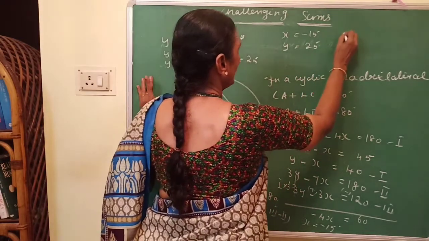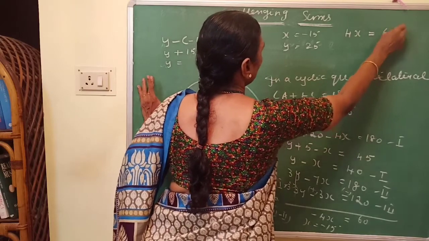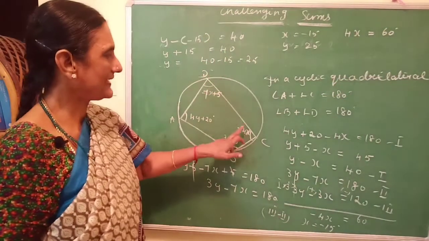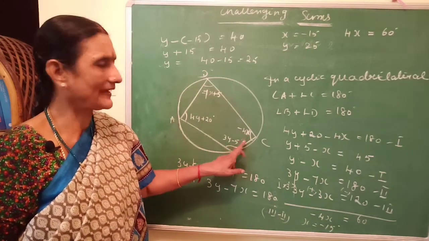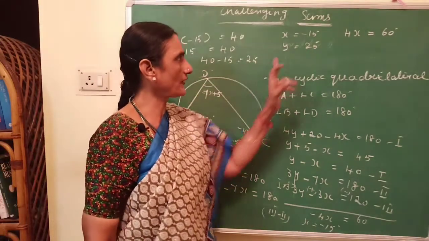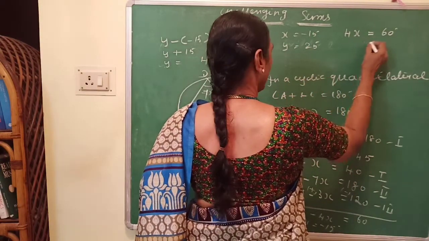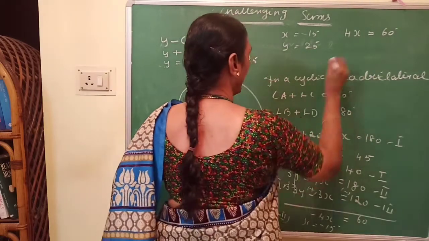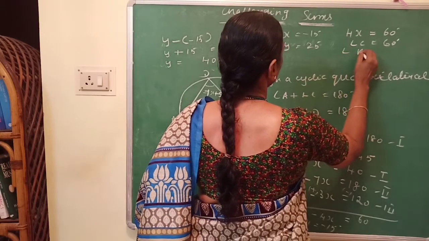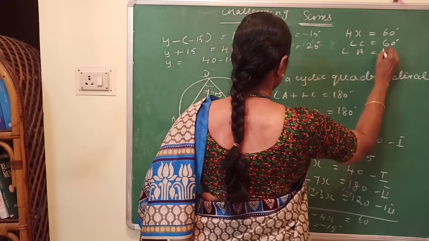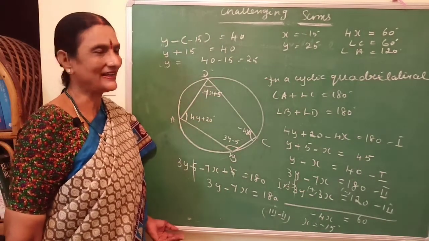So, minus 4x, if you substitute it as minus 15, minus and minus makes it positive. So, 4x becomes 60. Therefore, now the value of angle C is equal to 60 degrees. Obviously, angle A is equal to 180 minus 60, 120 degrees. Are you getting it?